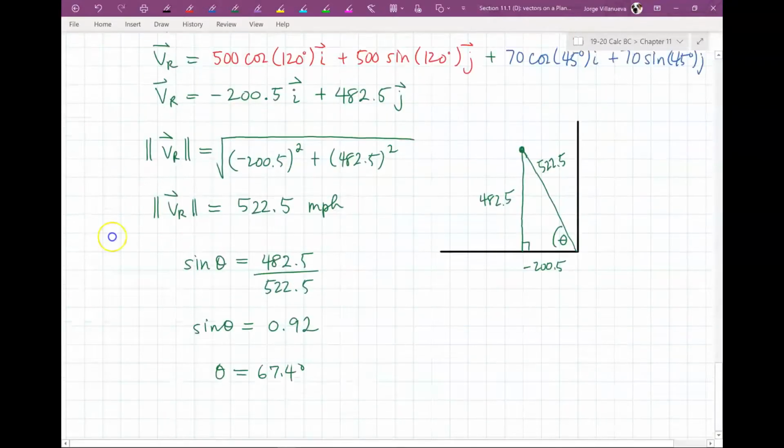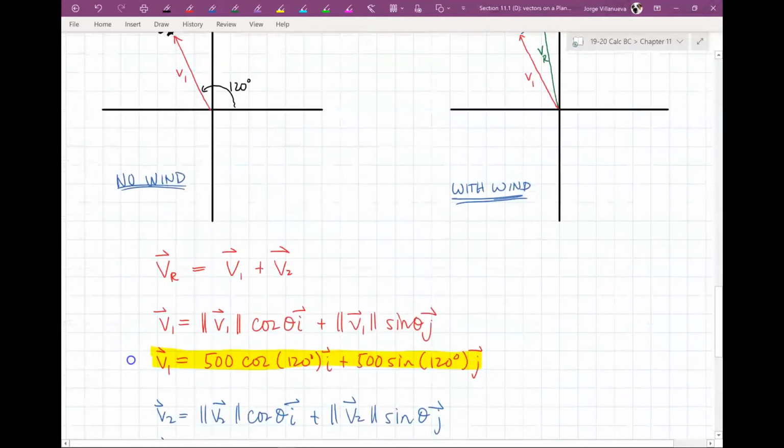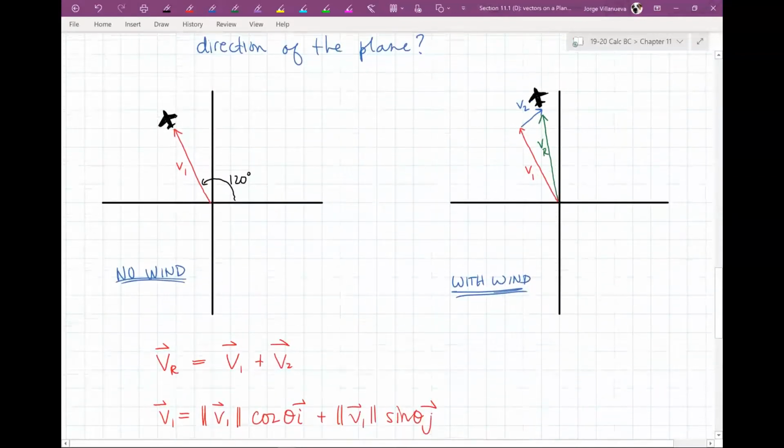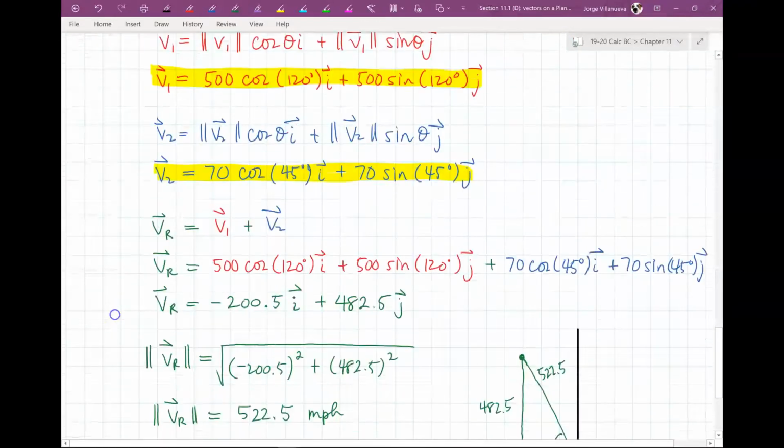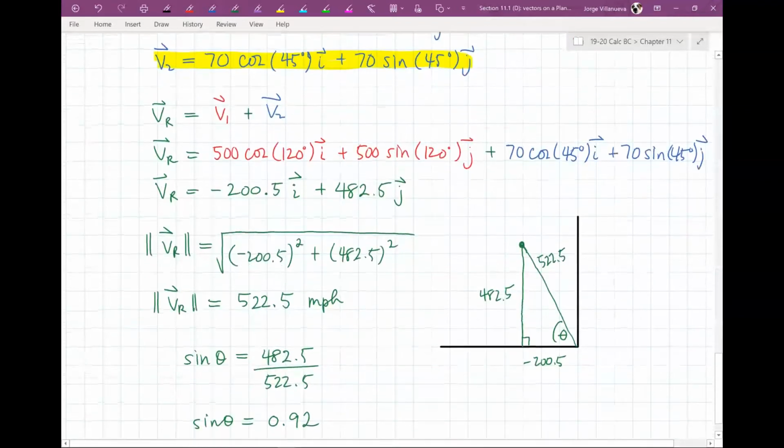So let's look back at the original picture. I mean, here's the angle. Here's theta. Is that 67.4 degrees? No. What did I just figure out? Let me give you a little hint here. I just figured out 67.4 degrees, right?